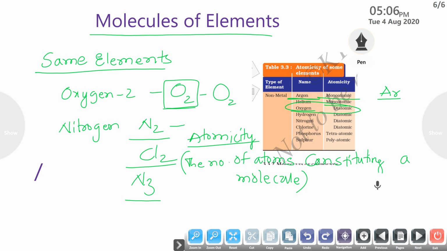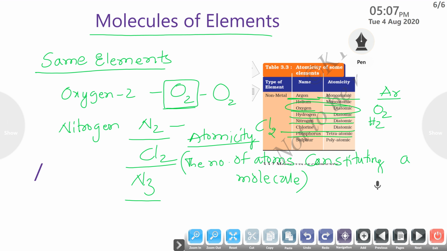Oxygen is said to be diatomic, that means oxygen atomicity is 2, so in an oxygen molecule we have two atoms of the same element, oxygen. In the same way hydrogen is also diatomic, nitrogen diatomic, chlorine diatomic.